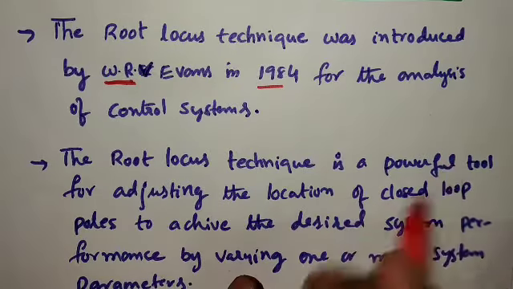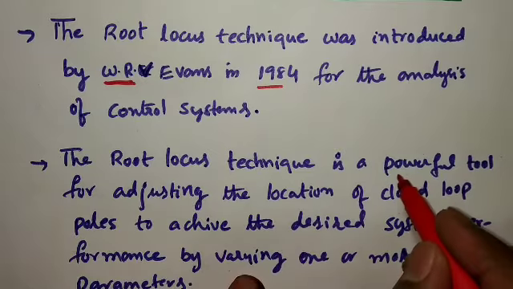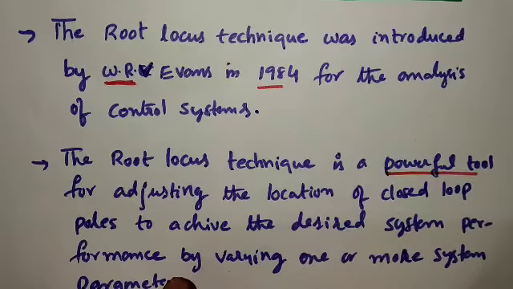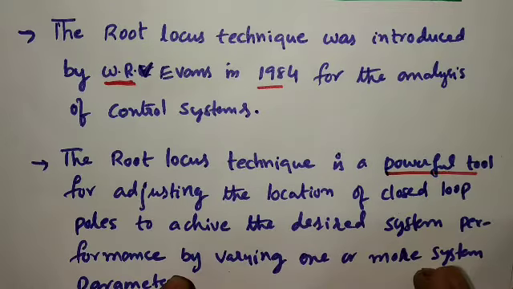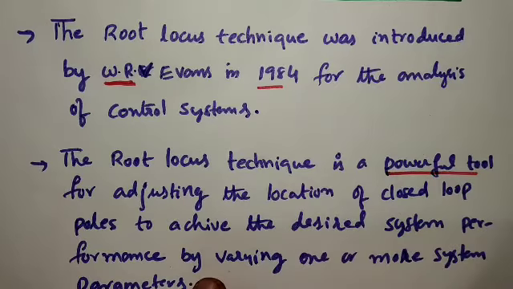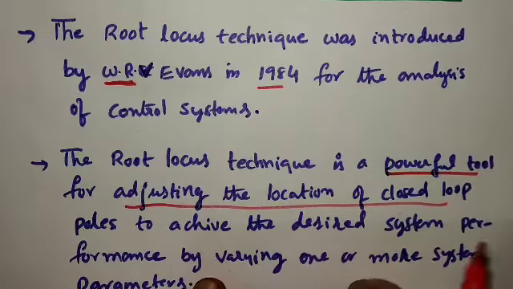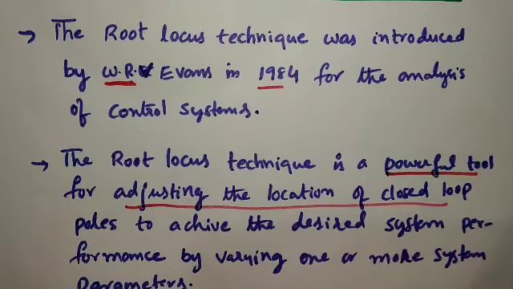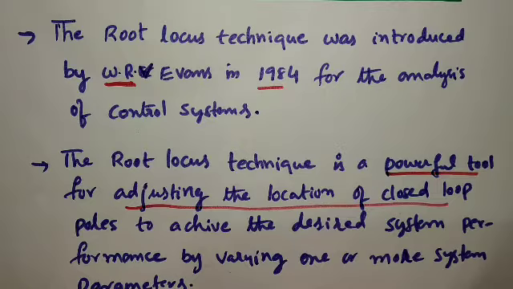The root locus technique is a powerful tool for adjusting the location of the closed loop poles to achieve the desired system performance by varying one or more system parameters. We can adjust the closed loop poles by varying the K value from 0 to infinity, so that it achieves the desired system response.